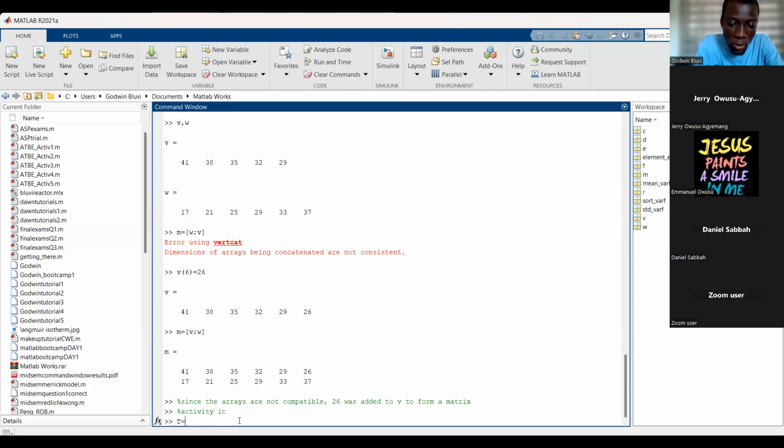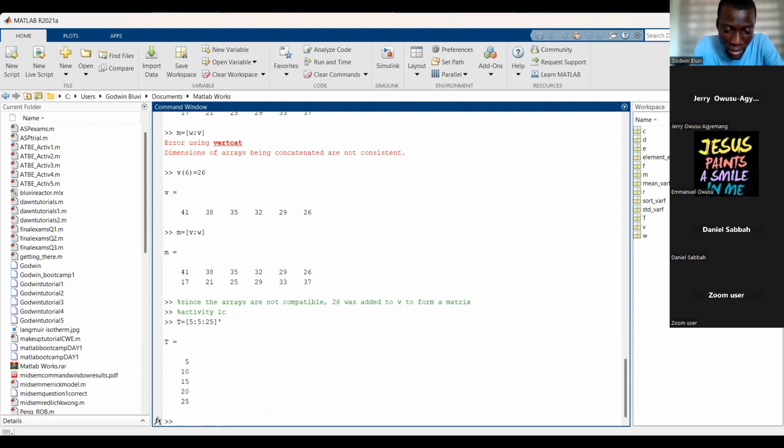T is equal to 5:5:25 transpose. So this one I want us to see that we've been able to do it. Then the next one says that S is equal to 27:2:33.